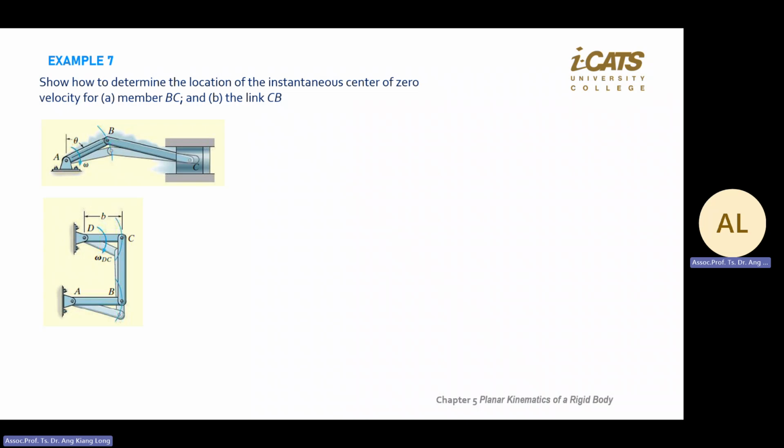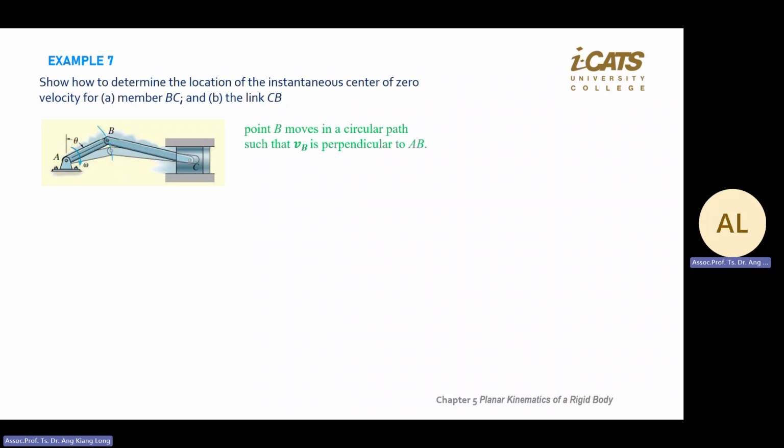For example, DC is having rotation, AB also rotation, but C is moving up or down. Okay, so this is just an elaboration of what you have.